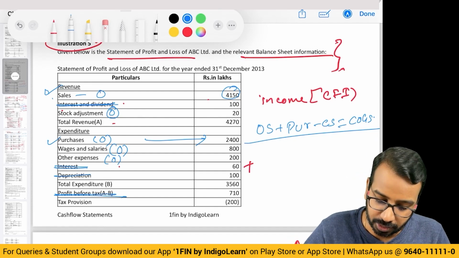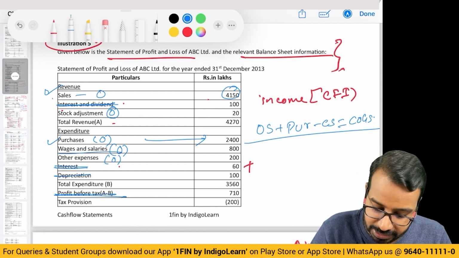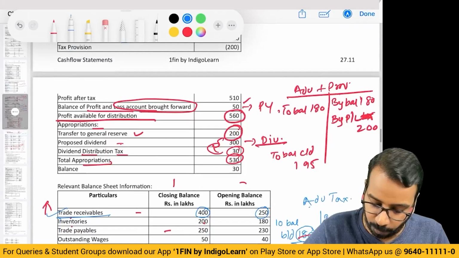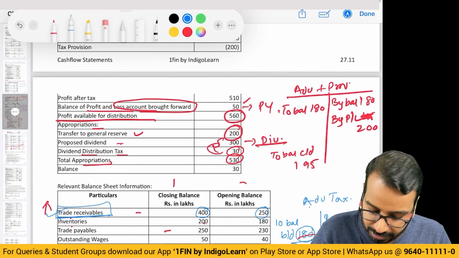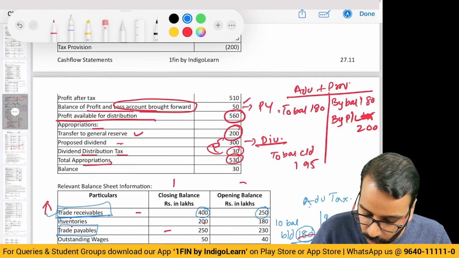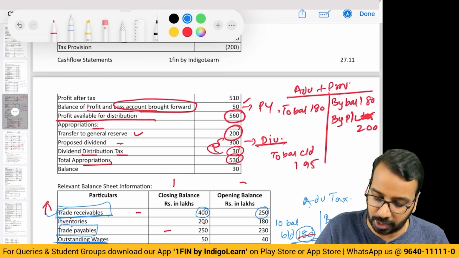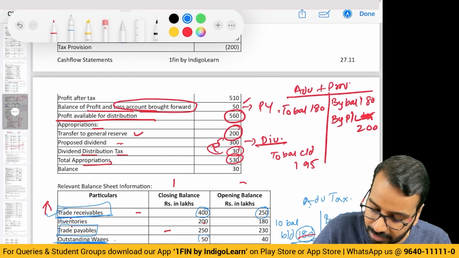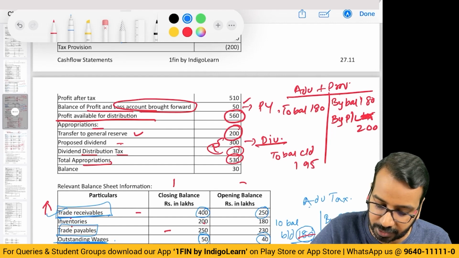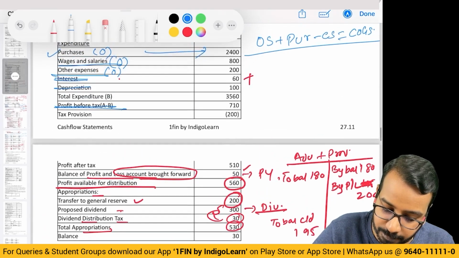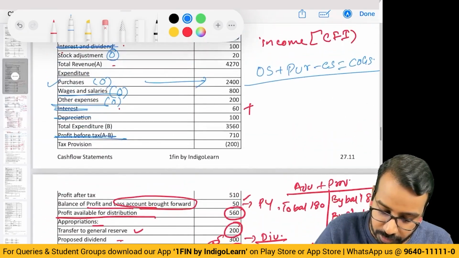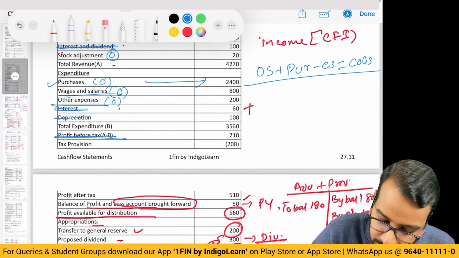Then this is done. Wages and salaries, other expenses. Now the trade receivable part is done, the trade payable part is done, outstanding wages is given and outstanding expenses are also given. So again here you will prepare opening balance 40, closing balance 50, and expenses for wages and salary is 800.